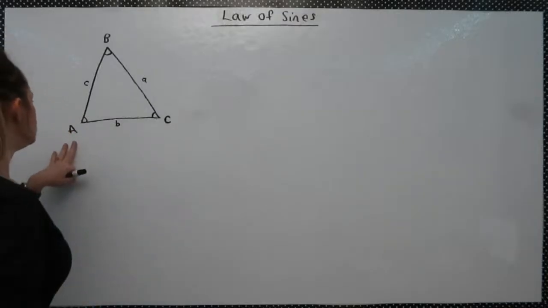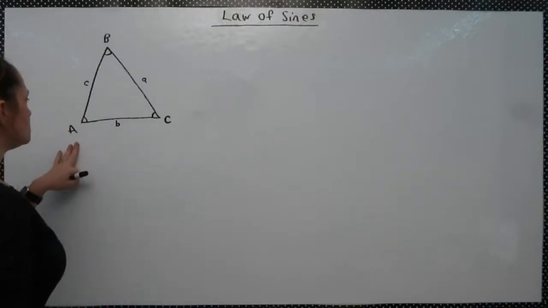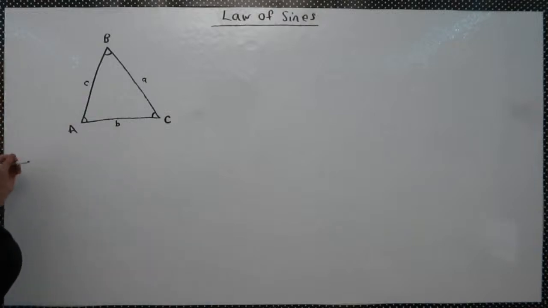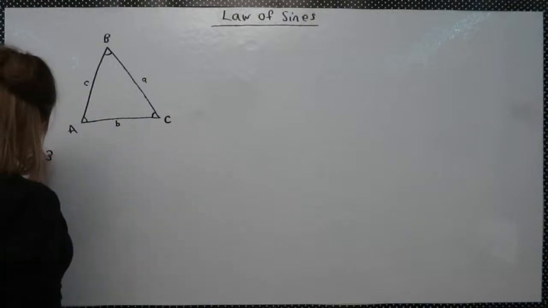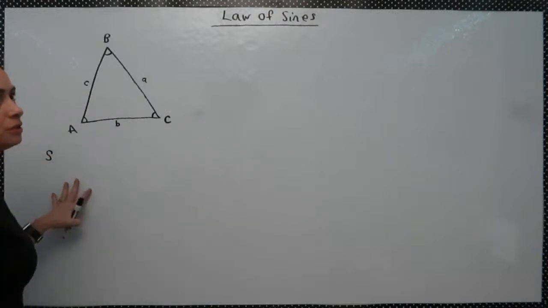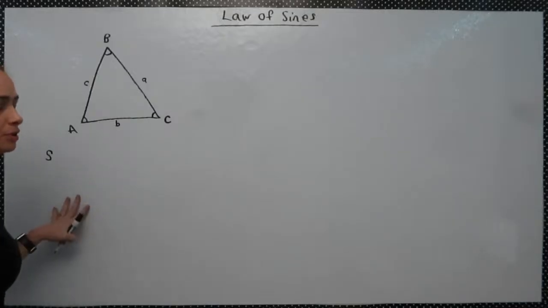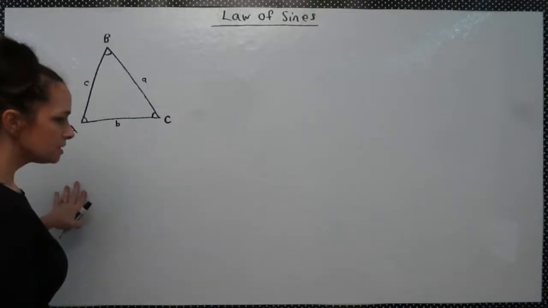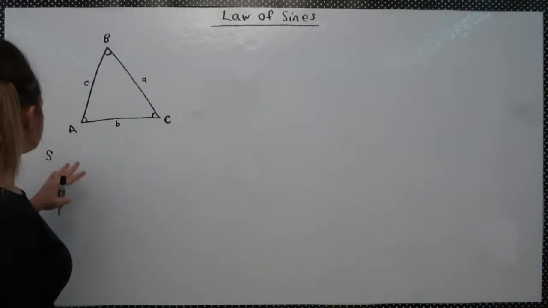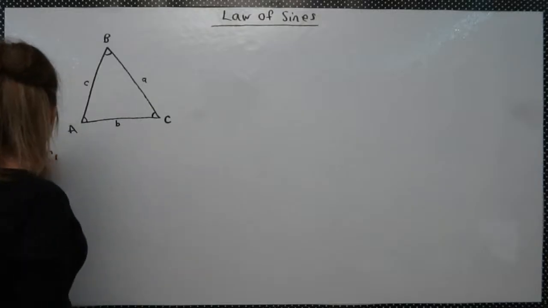In this situation, you can take the sine, and really this is a ratio, and I've found that it works whether you put the sine over the side length or vice versa. As long as you stay consistent, you can switch it up a little bit.